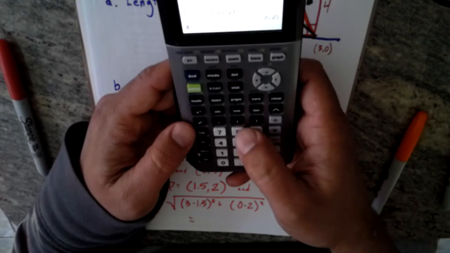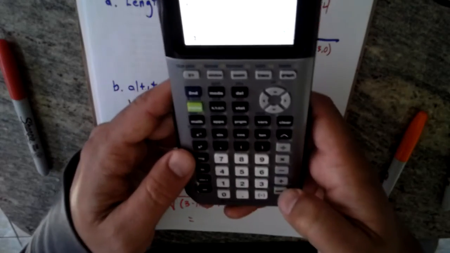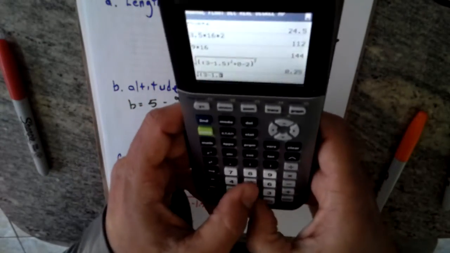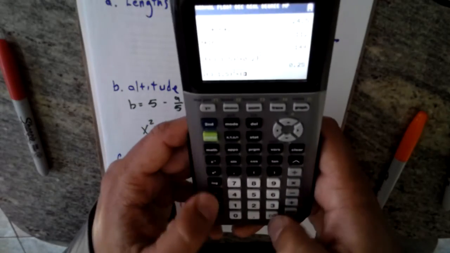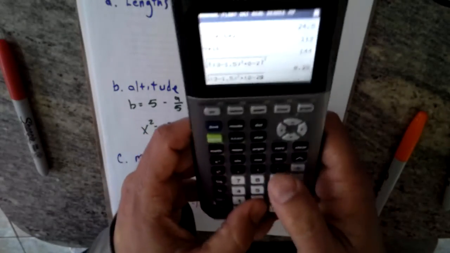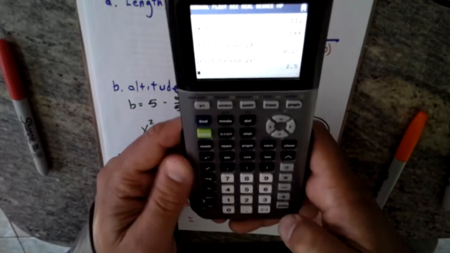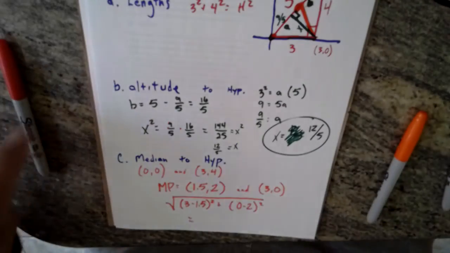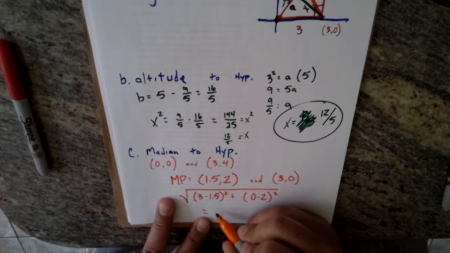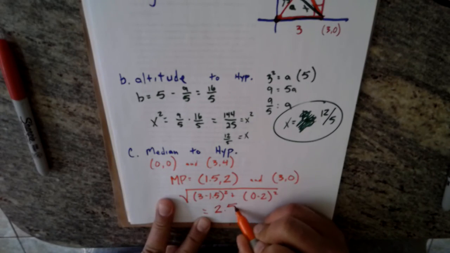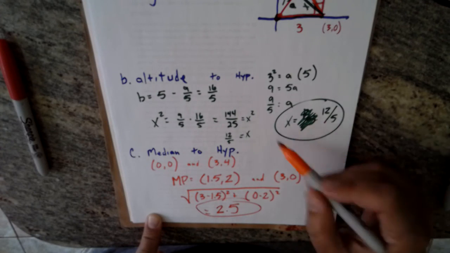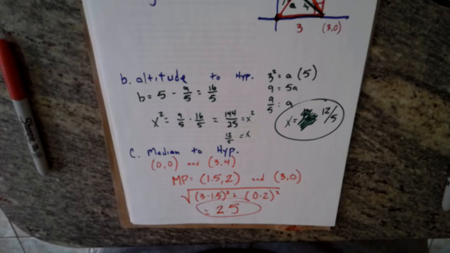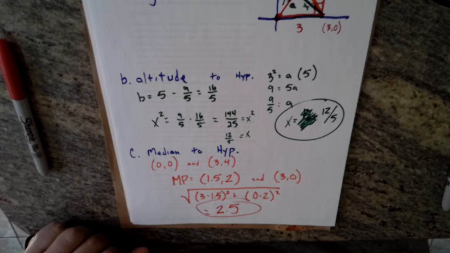Square root, 3 minus 1.5, close them, square it, plus parentheses 0 minus 2 squared. There you go. That's better. 2.5. So the length of the median is 2.5. The length of the altitude is 12/5 or 2.4. Hope this helps. Boom!